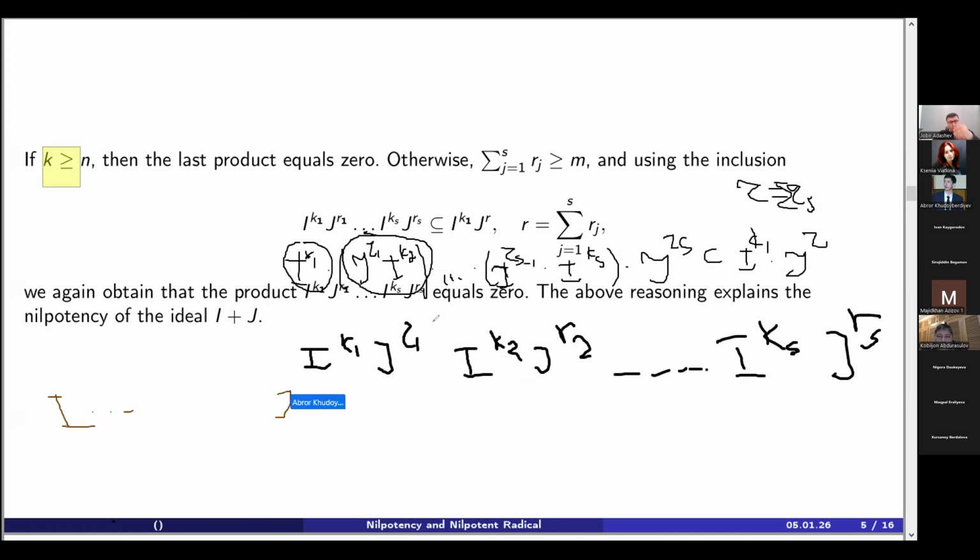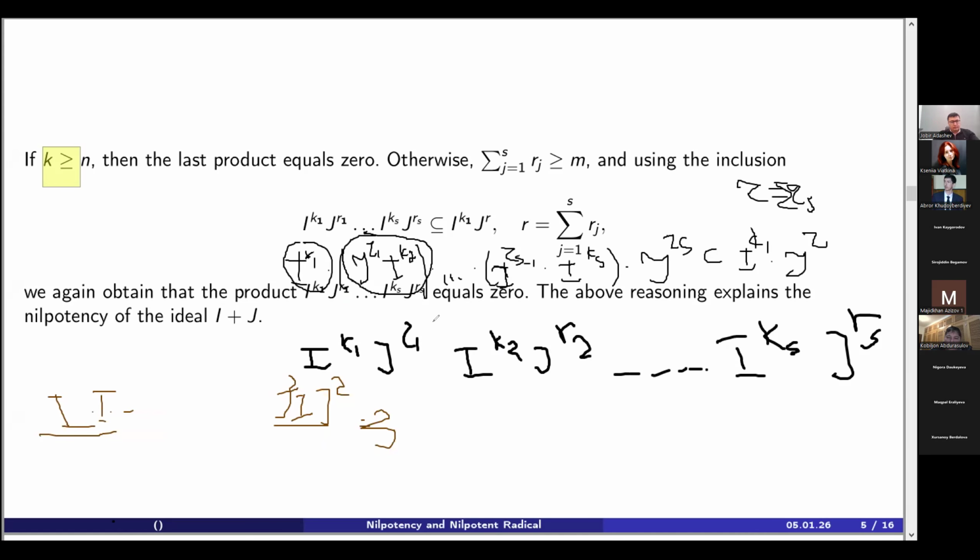After then, for example, J squared I J, yes? If the number of J is more than 3, you will use that J is an ideal. If the number of J is less than 3, then the number of I is more than 2, and you will use that I is an ideal. He's trying to explain this one.